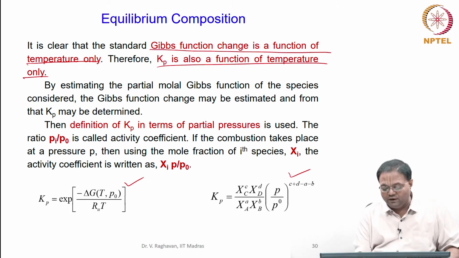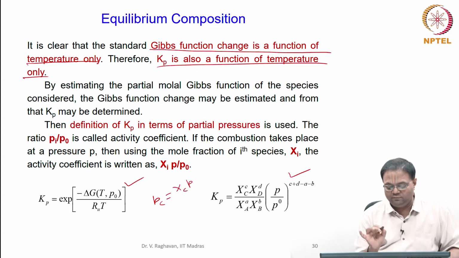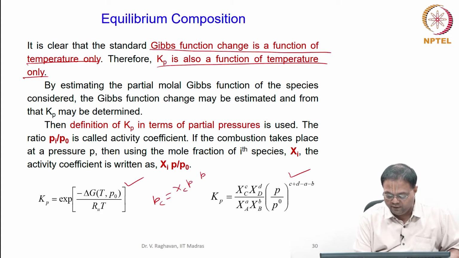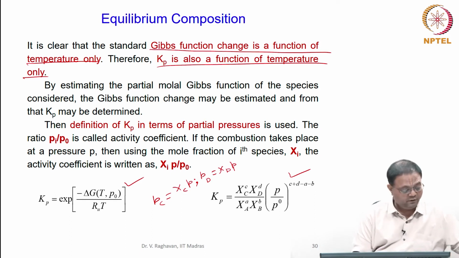What I have done here is, instead of Pc, I am putting Xc times P. Similarly, for Pd, I am writing Xd into P, and substituting in this equation.